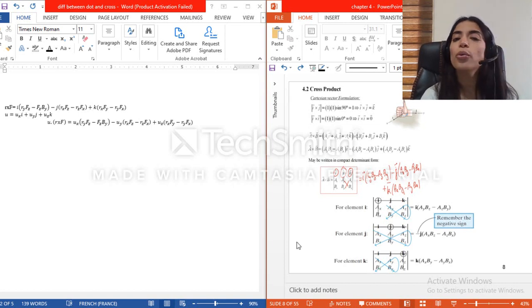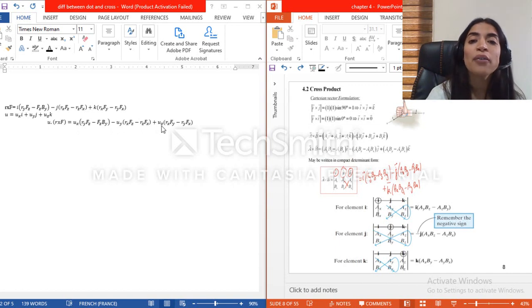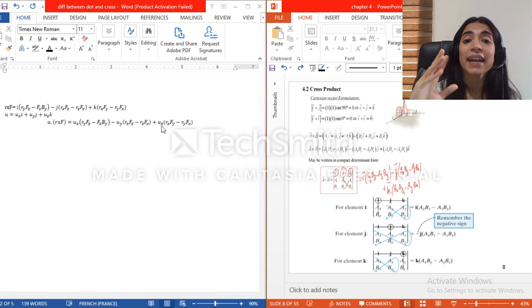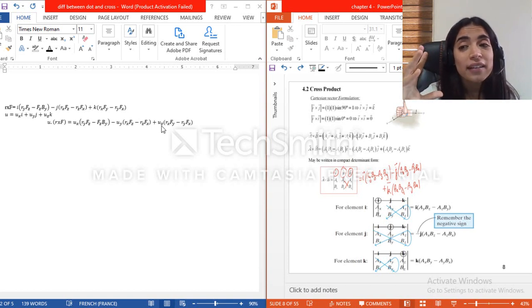If I need to do the analogy between dot cross or scalar triple product and this cross product, you can see, guys, that if I replace i, j, k by ux, uy, uz, I will have the same answer. So basically, guys, this is an analogy. I know that physically it is not relevant.